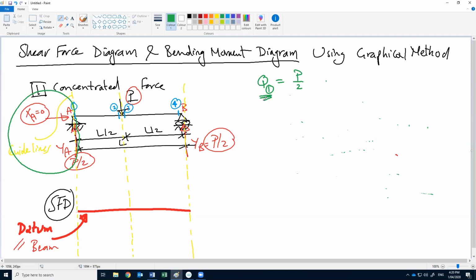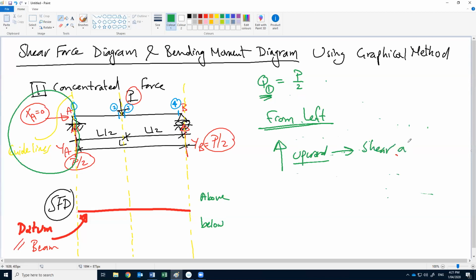Above the datum or below the datum? We have a rule if we are drawing shear from the left. If we have force going upward, the shear will be above the datum.